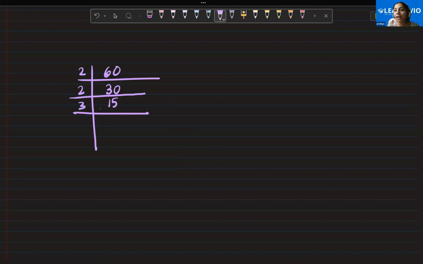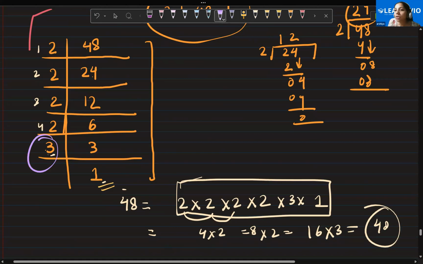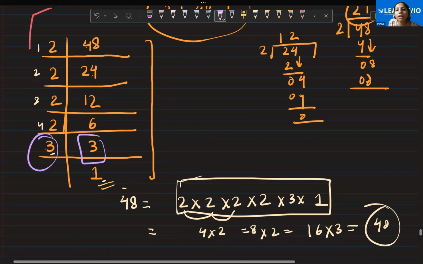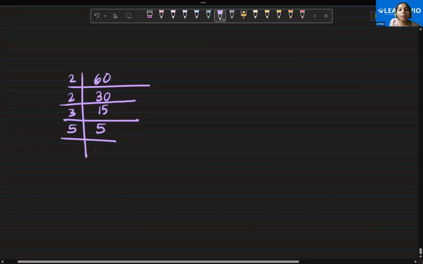Now when I divide 15 by 3, I will get 5. So look at the screen, Humaira. I'll write 5 here. What did we do when we had 3 left? 3 is not divisible by anything else, so we just divided by 3. 3 ones are 3, and we will do the same thing here. So 5 divided by 5 and I'll get 1, okay?